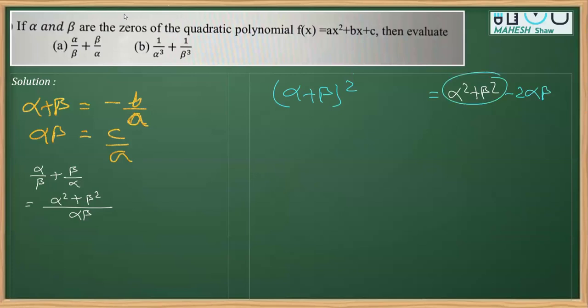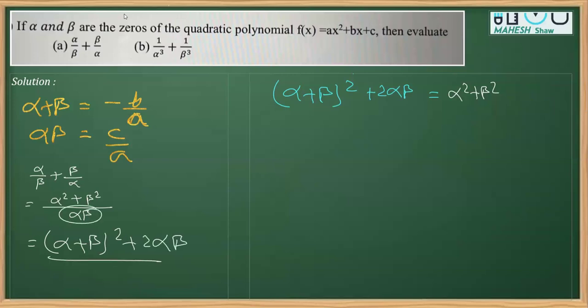Now check here, we have to get the value of a square plus b square. So we'll transpose the 2ab to the left-hand side, and as you know, it becomes minus. So alpha square plus beta square is alpha plus beta whole square minus 2 times alpha beta.